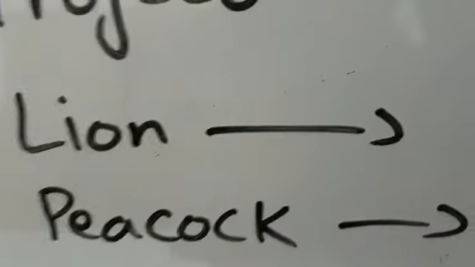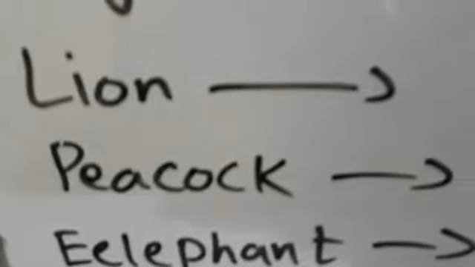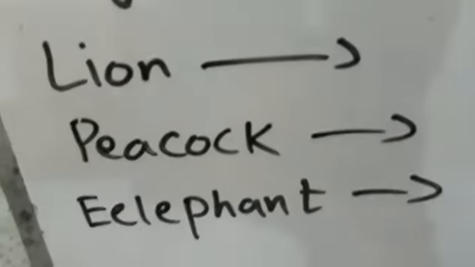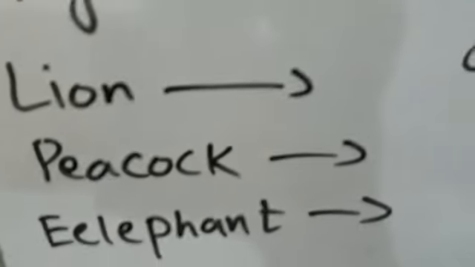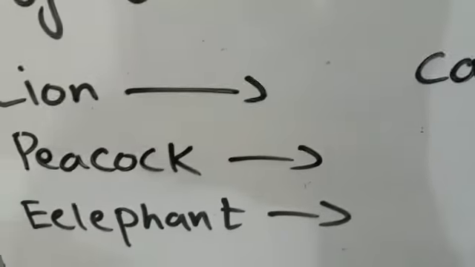First of all paste the picture of the lion, or maybe it is a tiger, maybe an elephant, maybe a horse, monkey, rabbit. It's up to you. Paste those pictures along with the names of the animals, their living place and what they eat.